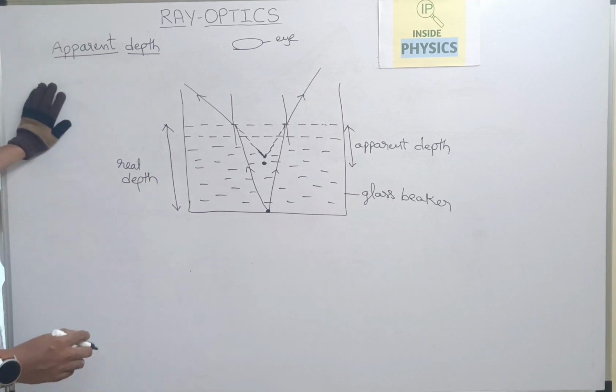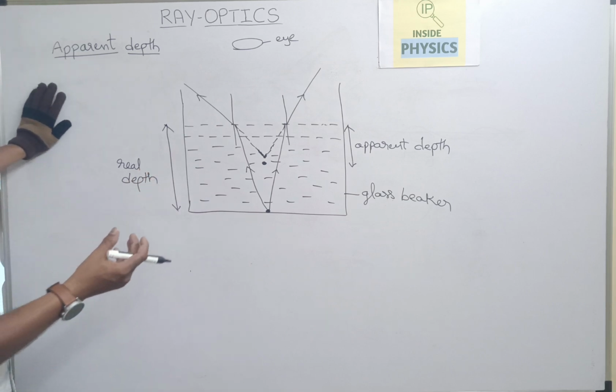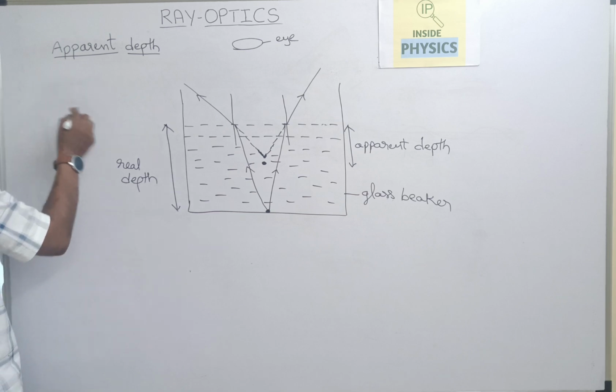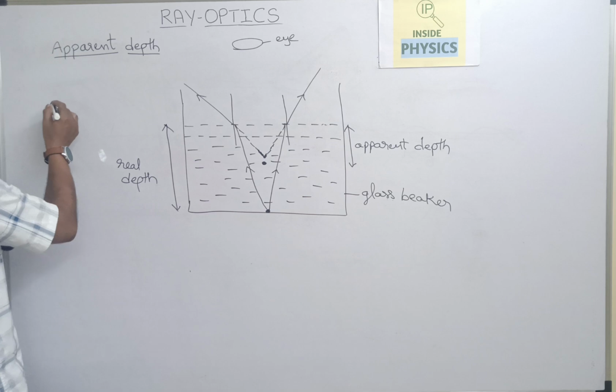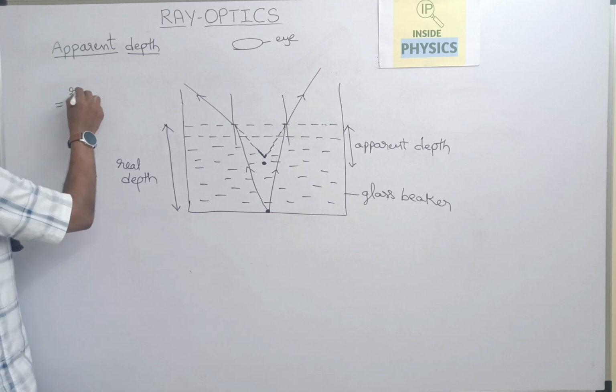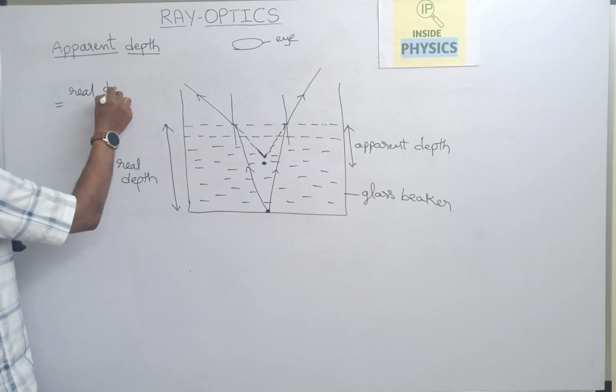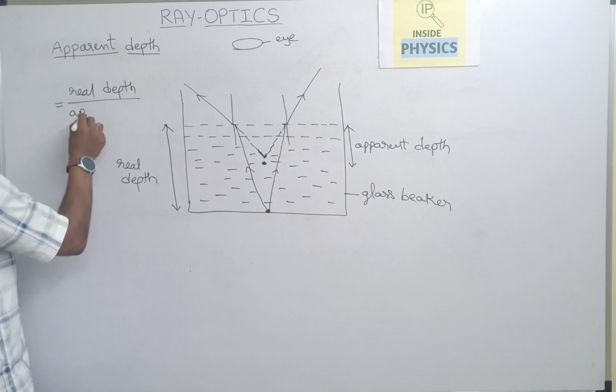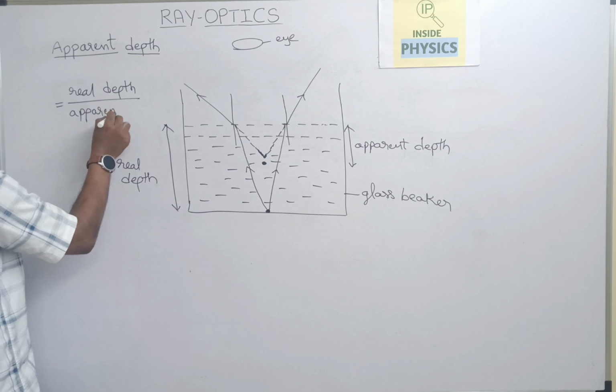Here the real depth by apparent depth, that means the refractive index of this medium is given by real depth by apparent depth.